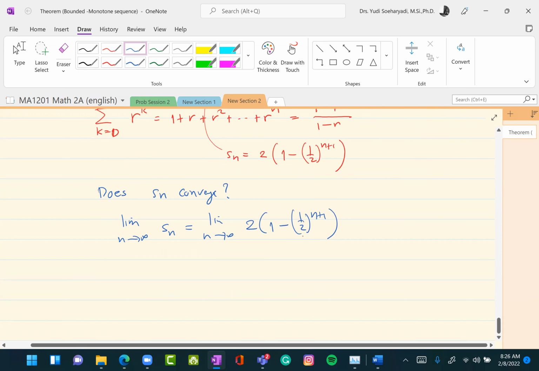Because 1 half is a fraction less than 1, if you keep increasing the exponent, it keeps getting smaller and smaller: 1 half, 1/4, 1/8, 1/16, 1/32. This goes to 0, and then the limit is just 2.